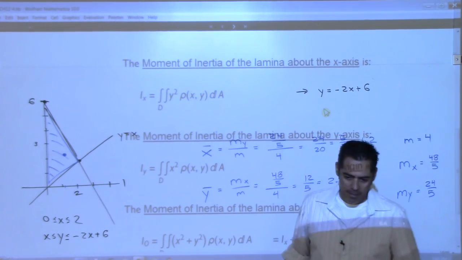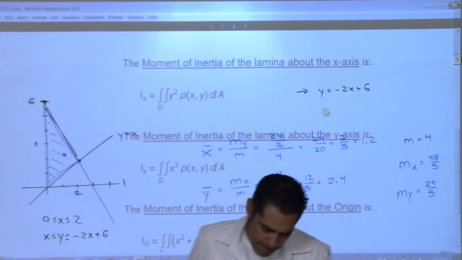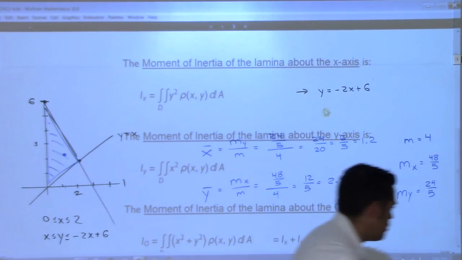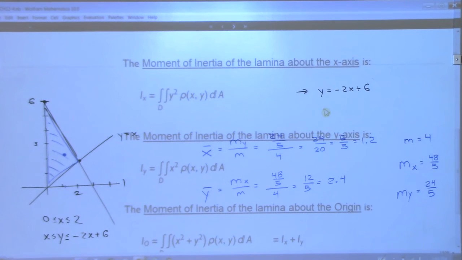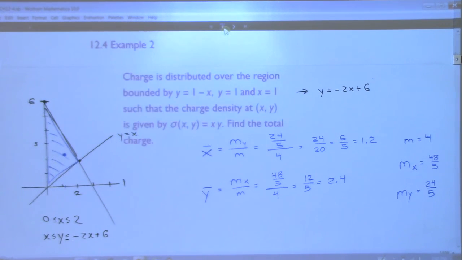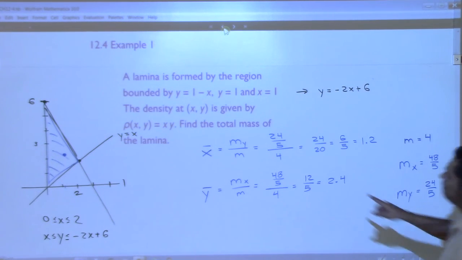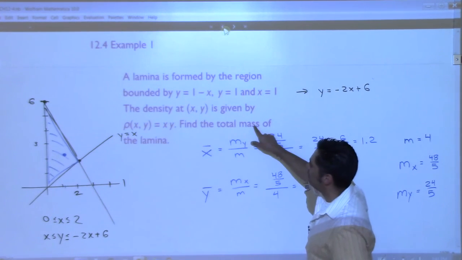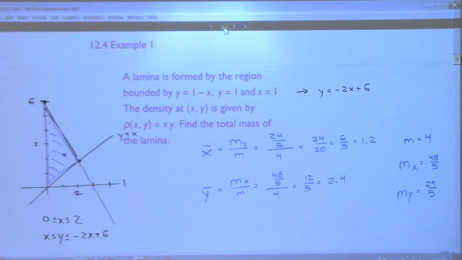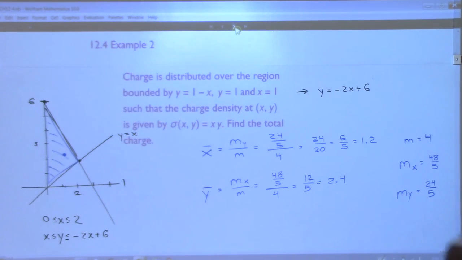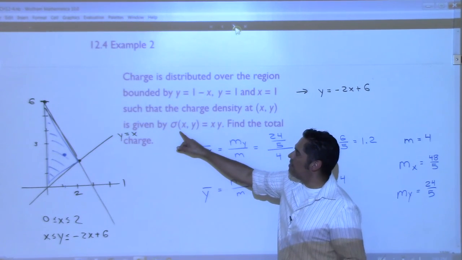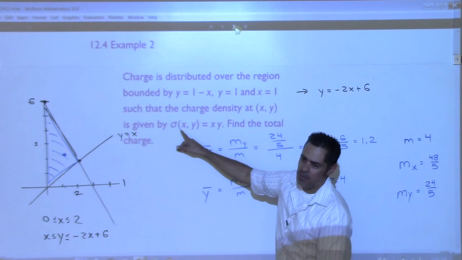Yes, question? On one of the first examples that we did for this, it asked to find the total charge. Yeah, I know. When I did that, I accidentally brought up the wrong example. See, example 1 says find the total mass. Okay? And then when I went and I moved and I came back, the next problem is the exact same lamina, but instead of giving you a density function, it gives you a charge density function.